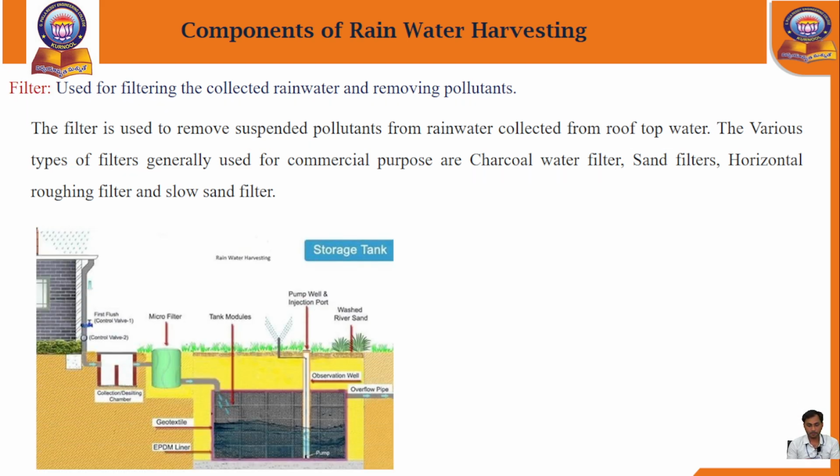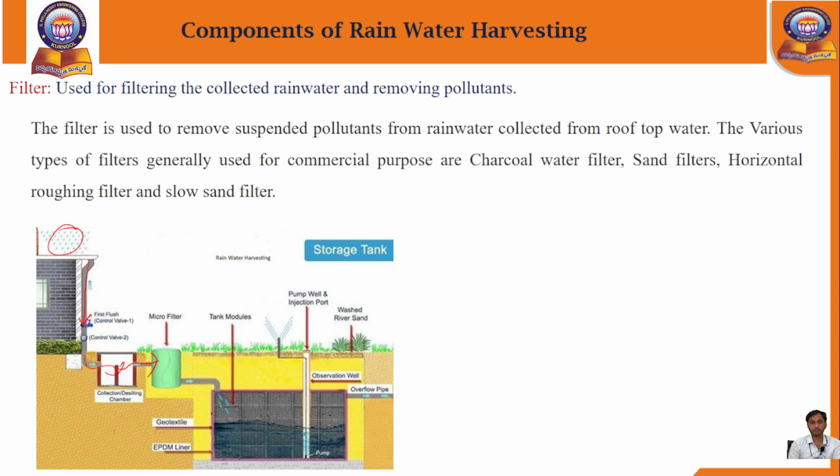You people can observe here. When rain falls in the catchment area, the water slowly collects through the pipes and is sent into the collected sump storage areas. After that, filters have been provided here.